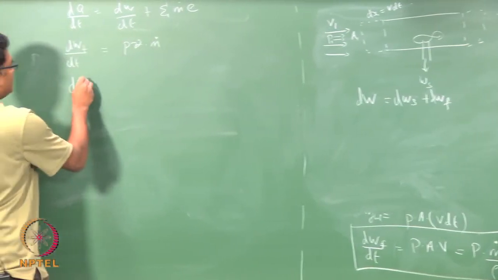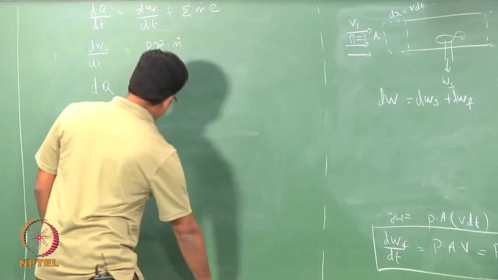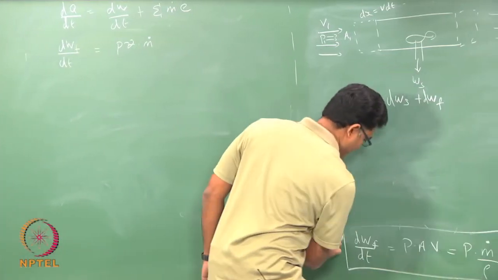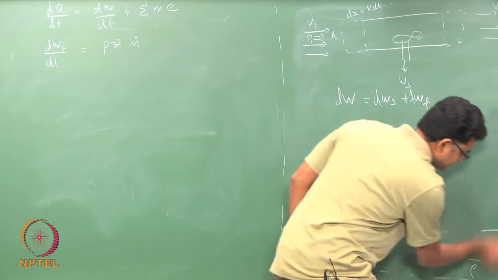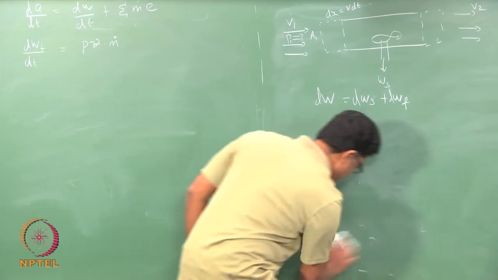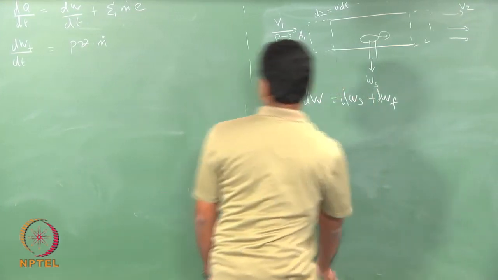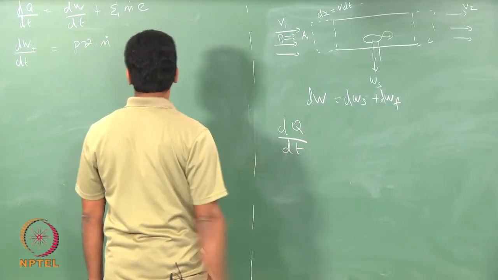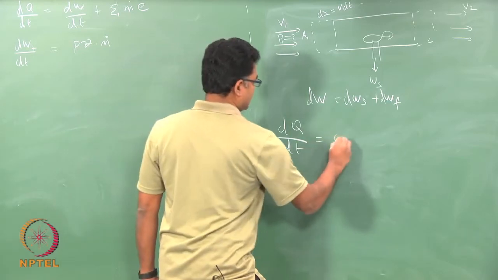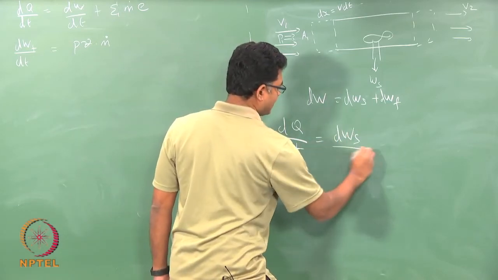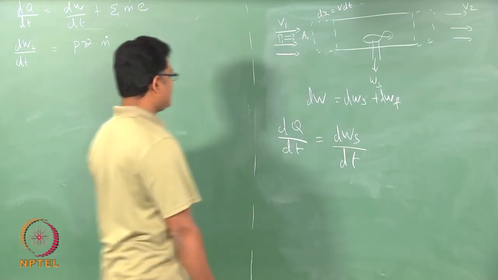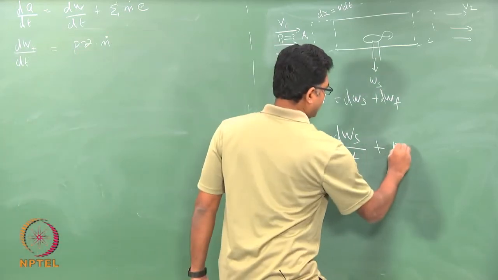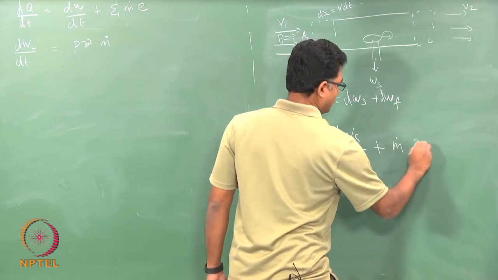So, dq by dt is dw shaft by dt plus this quantity, m dot P v.